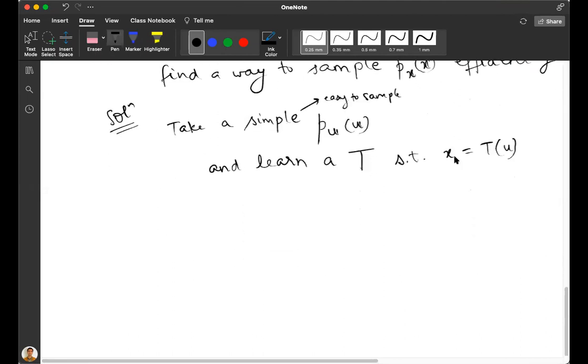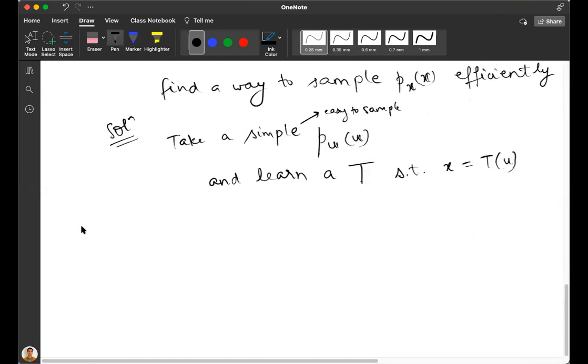So I will give some examples here. For example, let's say you want to sample from a complicated distribution, could be maybe circles, something like this.